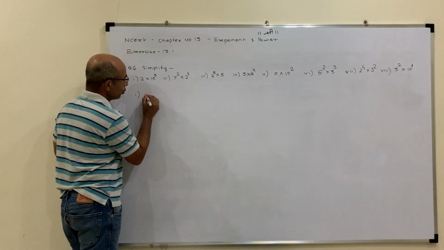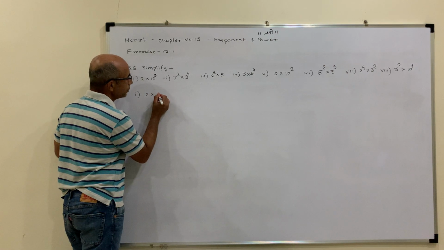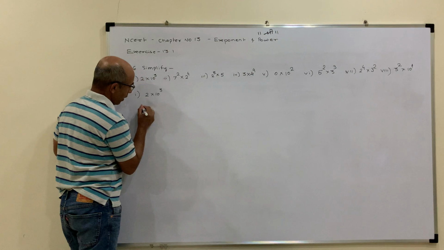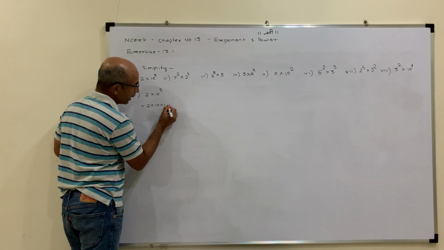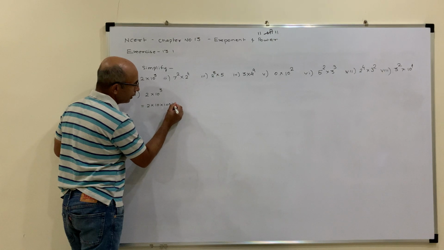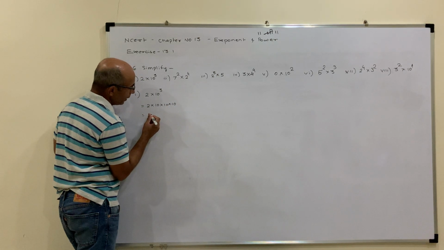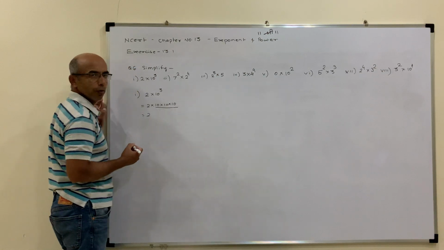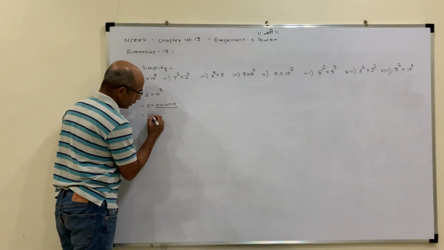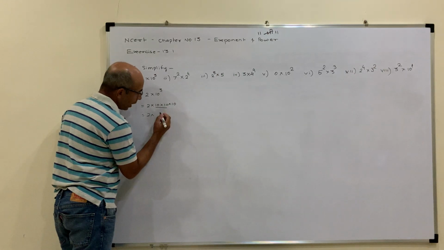What it says: 2 into 10 raised to 3. So now 2 into 10 into 10 into 10. While simplifying, we'll put 2 as it is. We'll first simplify the value of 10 raised to 3. So 10 into 10 is 100, into 10.